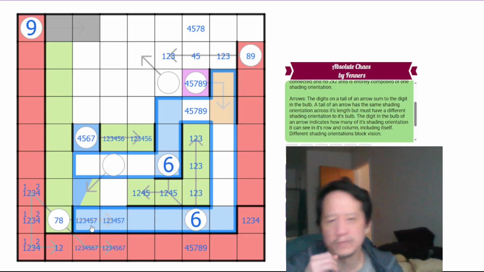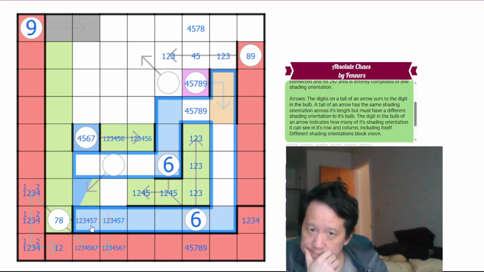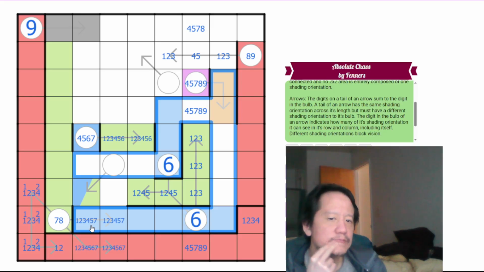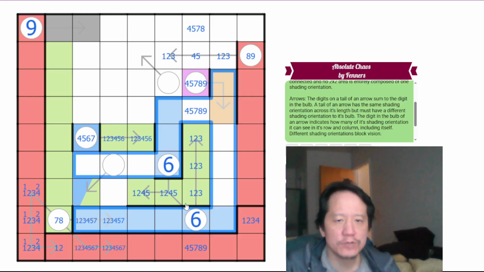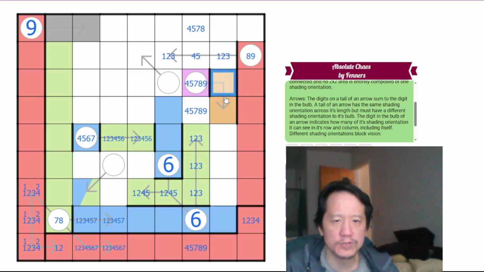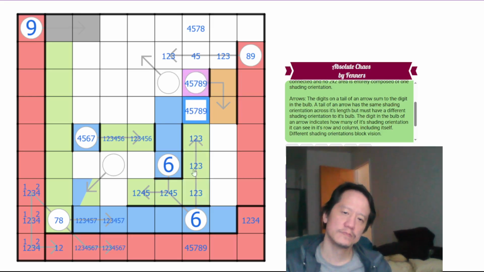Yeah, technically that could work. So this green has to either go out this way, has to be part of this or part of this. We don't know which, right? Well, I mean, these two are different, right?